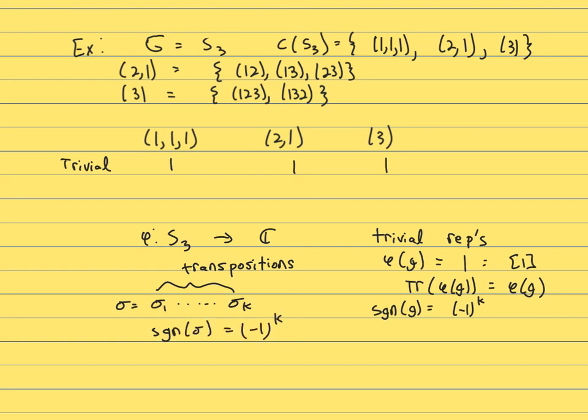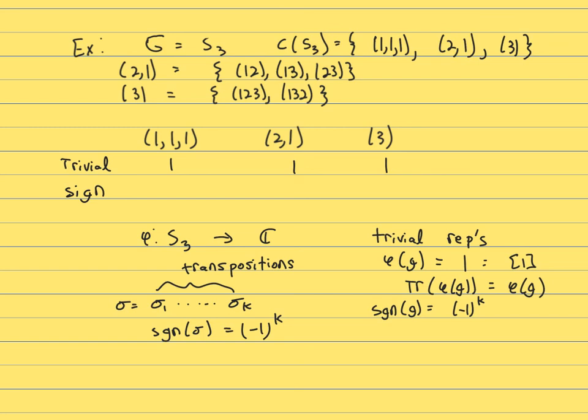And it's a theorem that for any two ways of writing sigma as a product of transpositions, if I write it as another product with m transpositions, then m is congruent to k mod 2. And so you actually do get the same power of -1. You're either going to get +1 or -1. It's always going to be the same answer. So this is the sign representation. It's also one-dimensional.